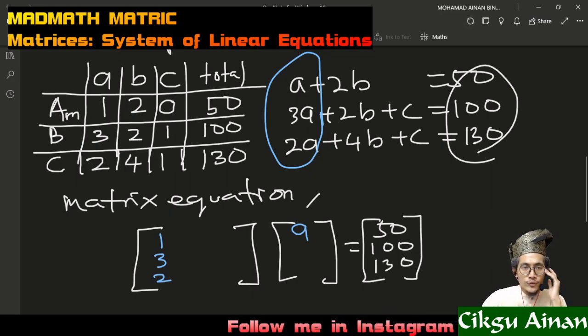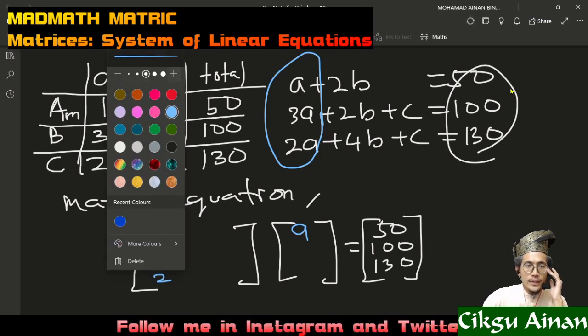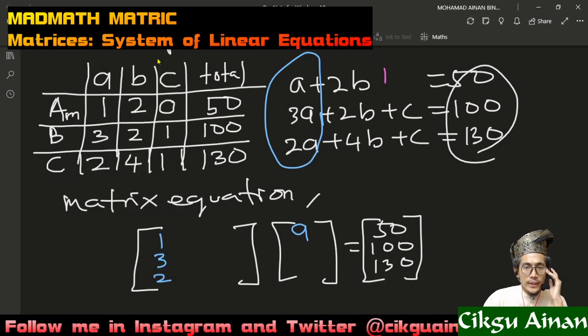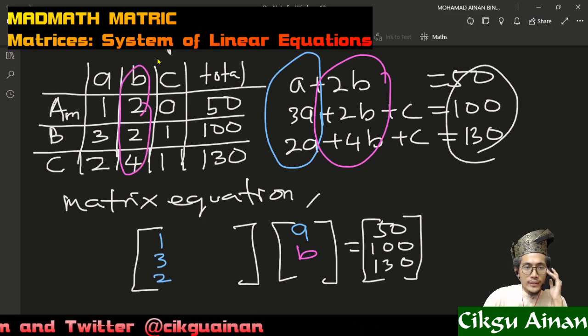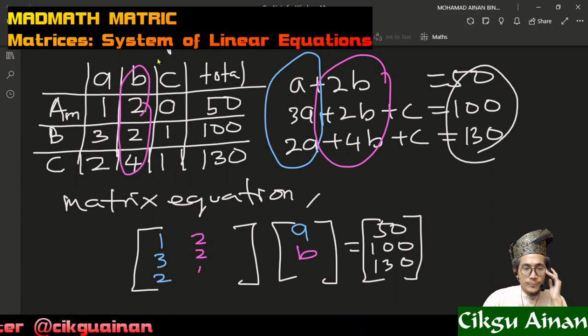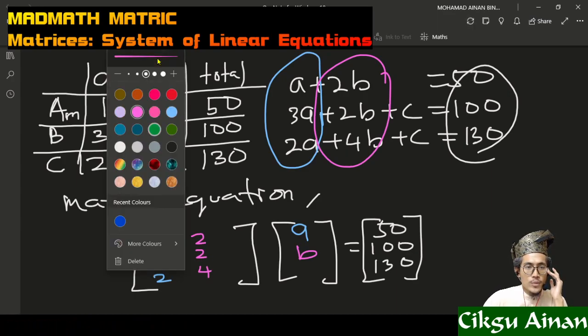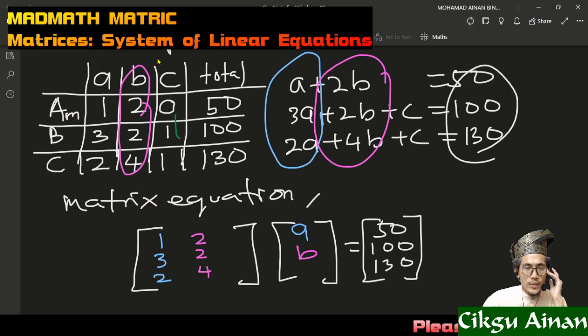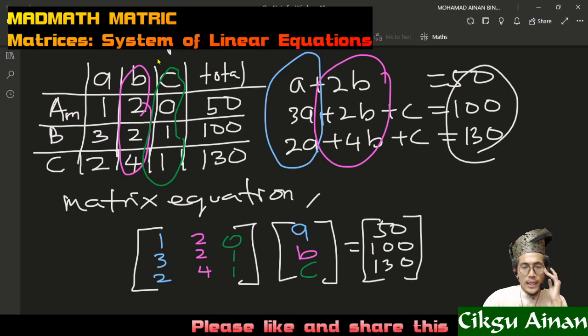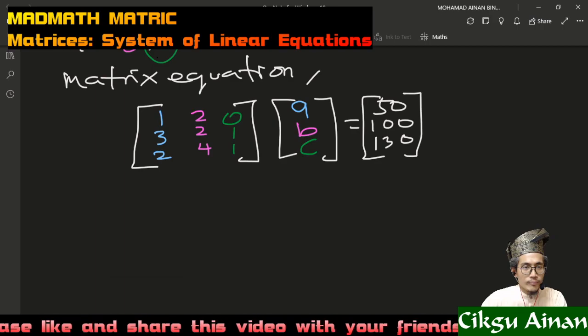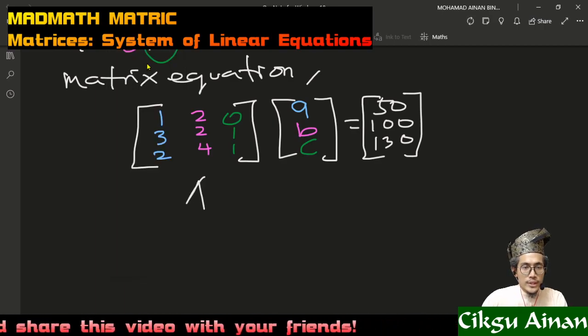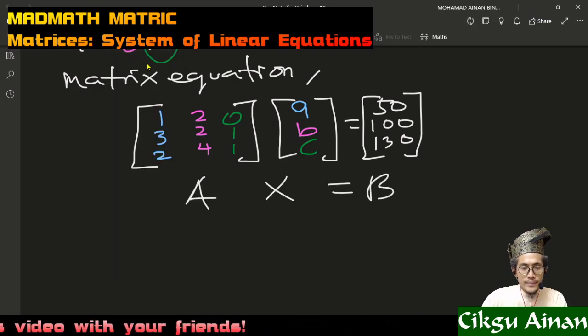Actually, you can do it faster. Look at the second column, this one is B, so just copy the numbers. And the last one is C, where the numbers are 0, 1. So this is the matrix equation: this is A, this is X, and this is B.